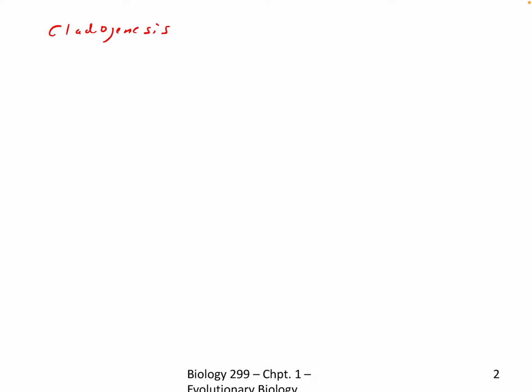So let's say, for example, we have an evolutionary tree that looks something like this, where we have an original ancestor at 0 that evolves into species 1, 2, 3, 4, and 5. That branching pattern, where you get multiple species from a common ancestor, that is cladogenesis. All right, separation of a single lineage into two or more descendant lineages.